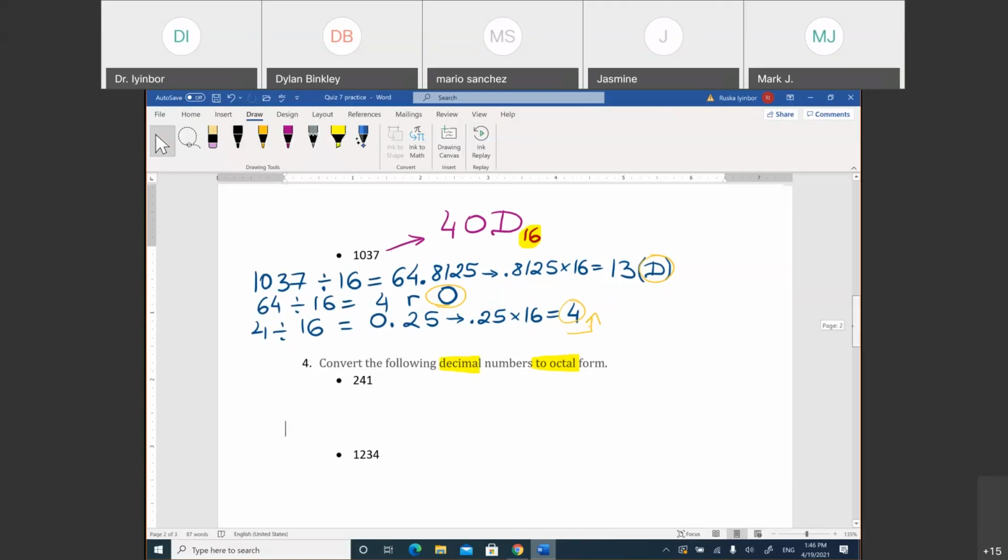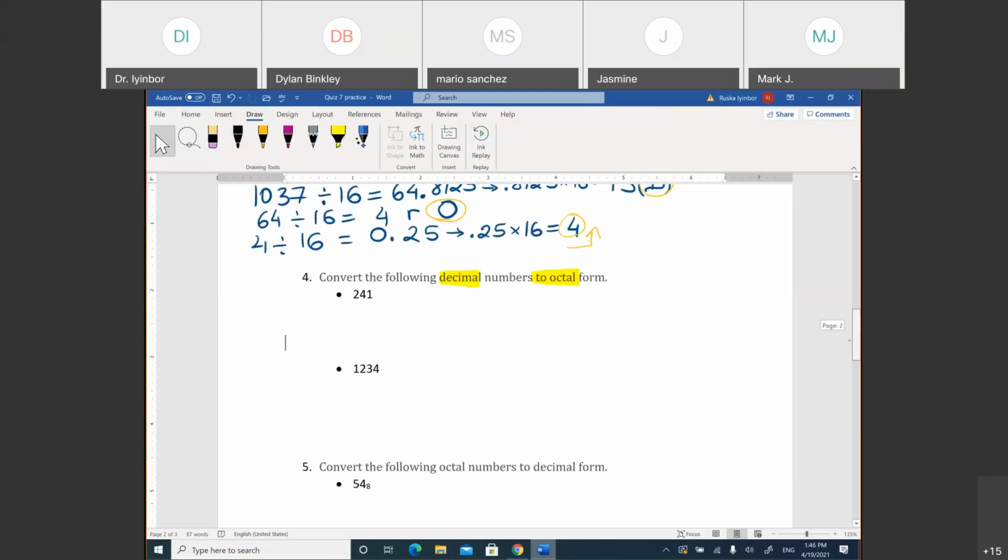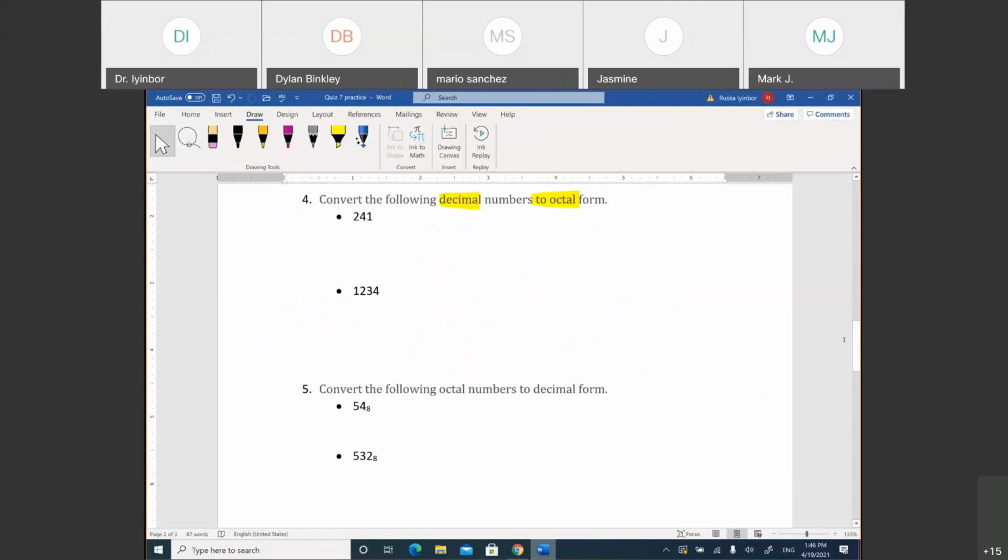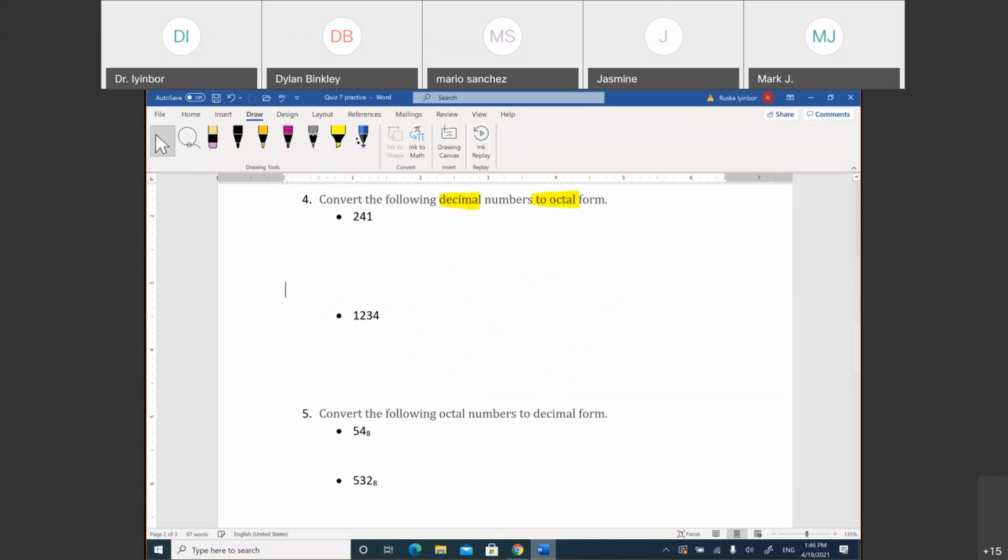Okay? Then you're going to number 4, which is the same idea, but here we're going to divide by 8. So instead of dividing by 16, we're going to divide by 8. So let's start with 241, which is decimal. And you're going to divide it by 8, and you can still use the calculator. 241 divided by 8 is going to be 30.125.